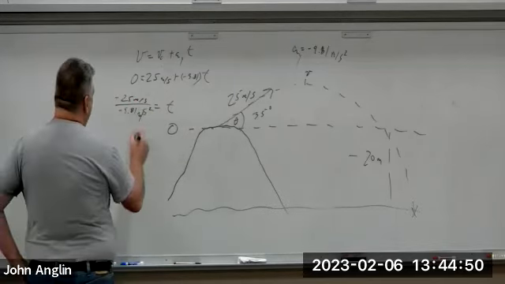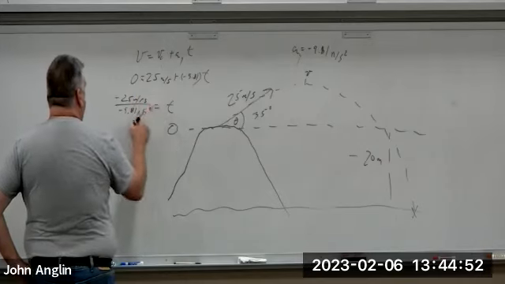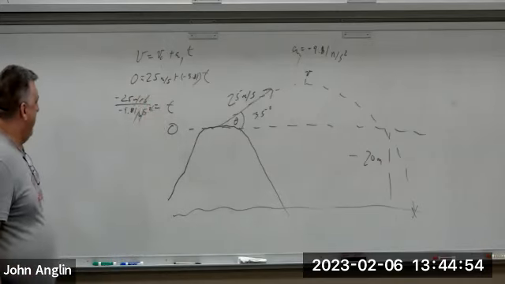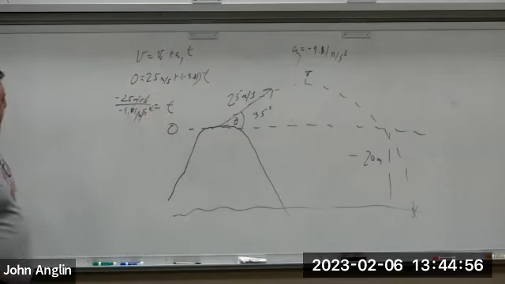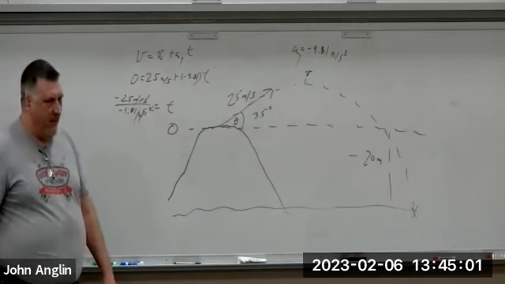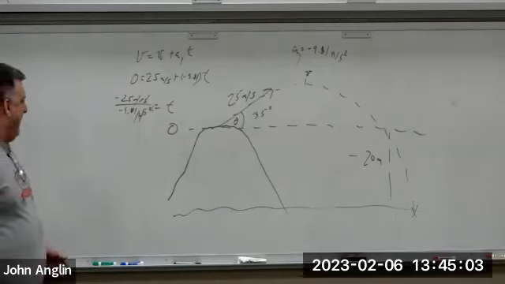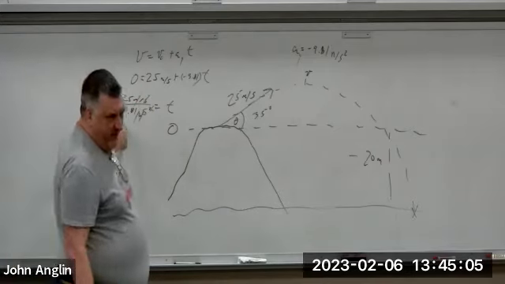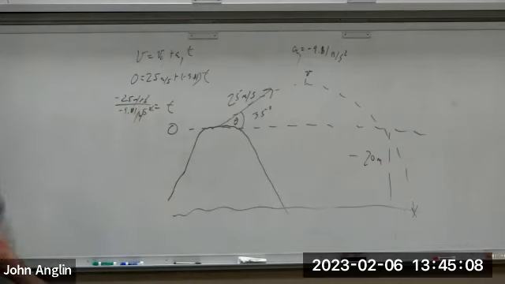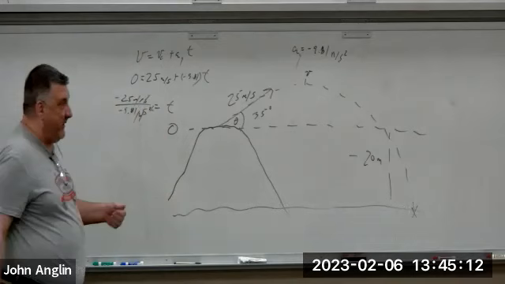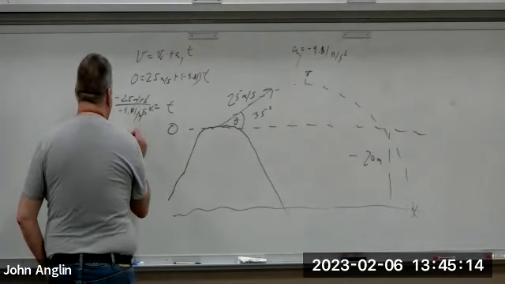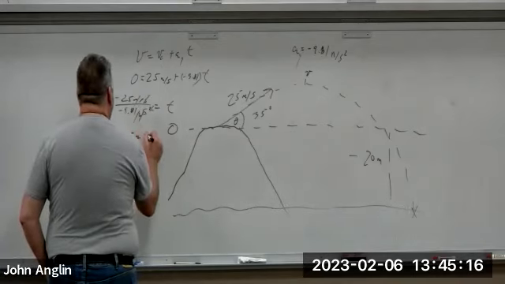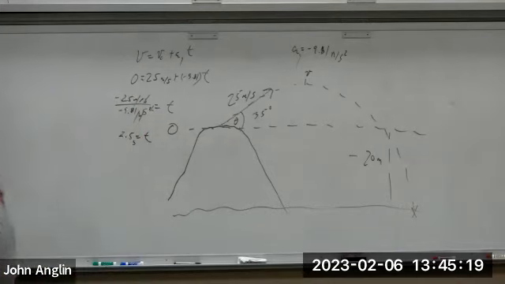My units are right: the meter goes away, and one of the seconds goes away. We end up with negative 25 divided by negative 9.81. For the sake of math, to make this easier, let's call the acceleration due to gravity minus 10 for now. So negative 25 divided by negative 10 should give you 2.5. Notice the negative sign goes away, which it should, because we're measuring time.